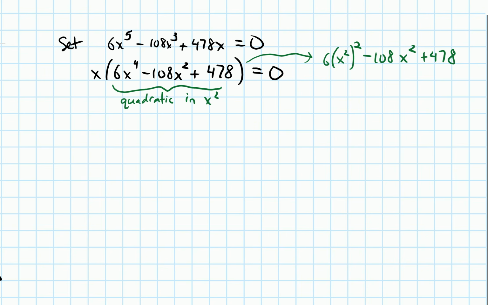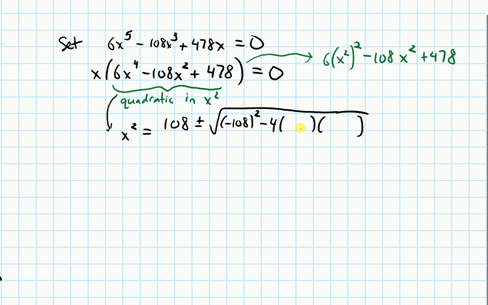So from this hidden quadratic portion, we get x squared equals negative b, positive 108, plus or minus the square root of b squared, so negative 108 squared, minus 4ac, where a is 6 and c is 478, all over 2a, so all over 2 times 6. The other possibility is from this x out in front, we also get that x can be equal to 0, so that part's easy.